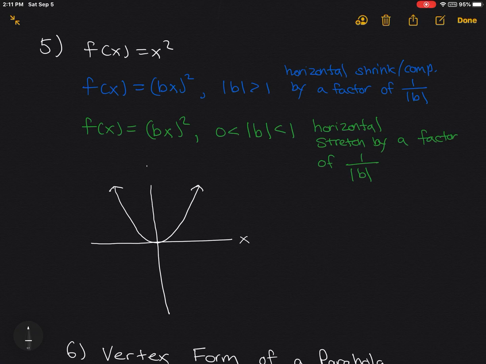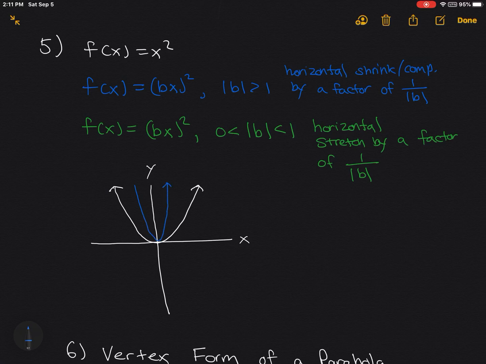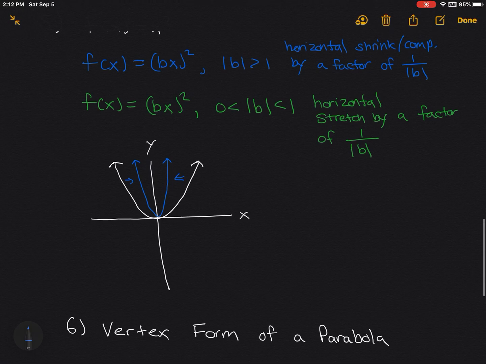Horizontally shrink. Horizontal just means, think of a horizontal line, right? The horizon. And so if I horizontally shrink or compress a graph, I'm going to pull it towards the y-axis, okay? In other words, I'm going to take this graph right here and push my original parent function towards the y-axis.